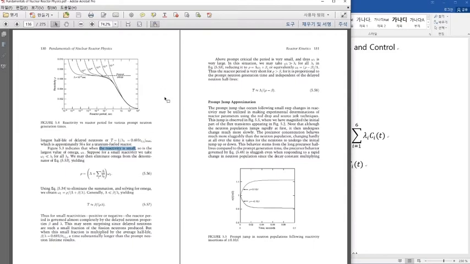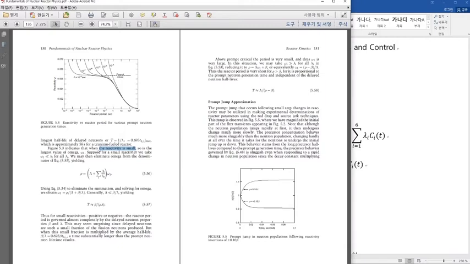So the neutron density will increase approximately 2.7 times within the time interval of 10 seconds. So that's the very basic thing of reactivity, the reactor period.